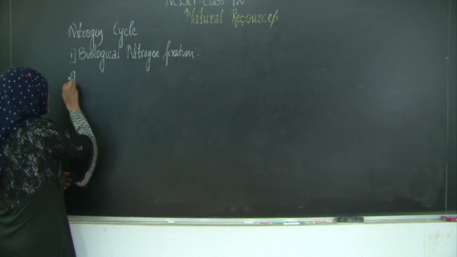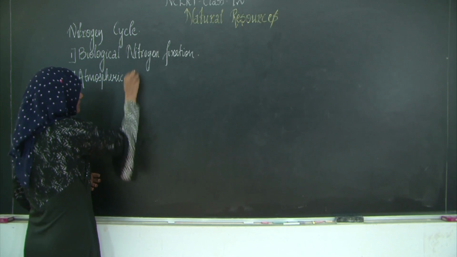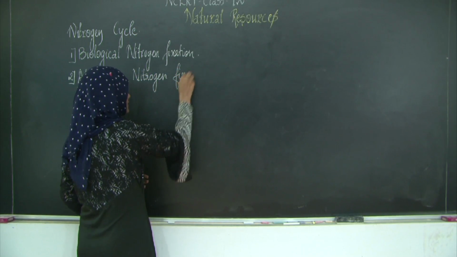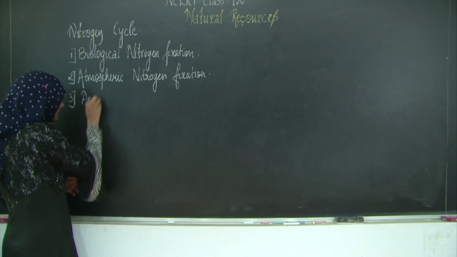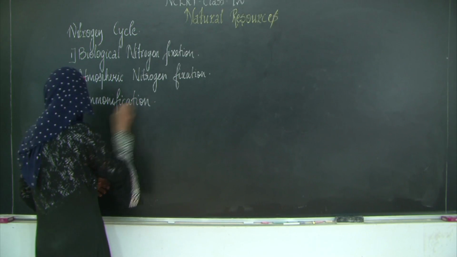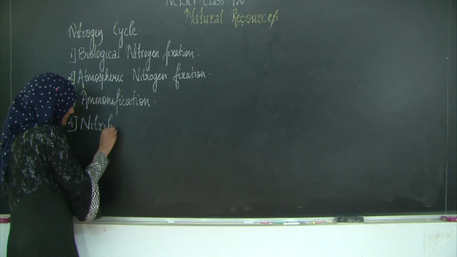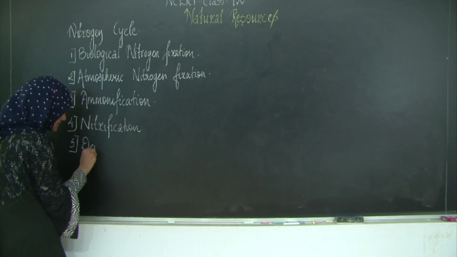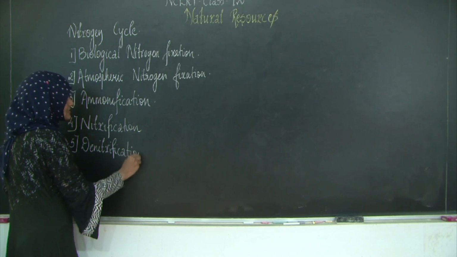Then we have atmospheric nitrogen fixation. The next process is ammonification. Then we have nitrification, and the last one denitrification. So, these are the processes which we are going to study in the nitrogen cycle. Okay. Let us start with the first one.